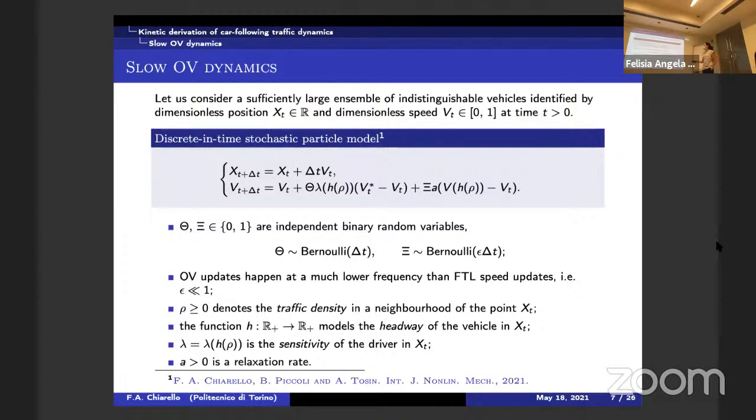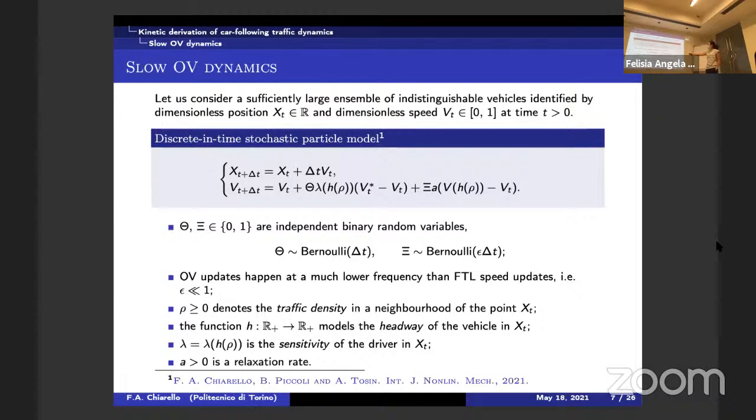Here, theta and C are independent binary random variables. Here, theta is Bernoulli of delta t, and C is Bernoulli of epsilon delta t. This means that this is the follow the leader part, and this is the optimal velocity part.